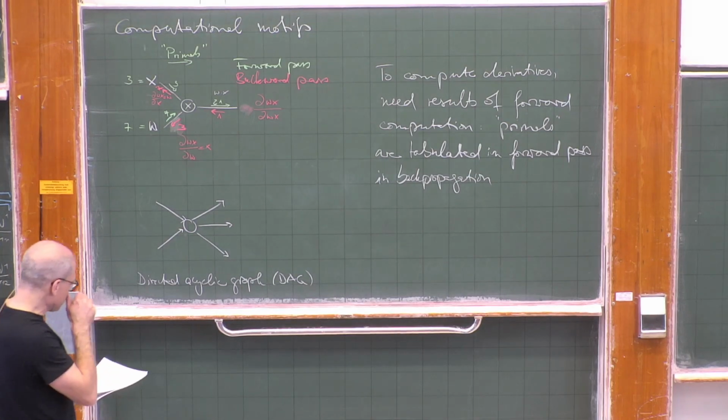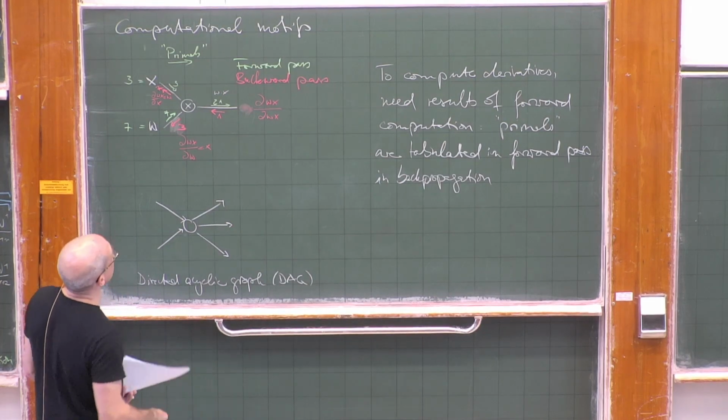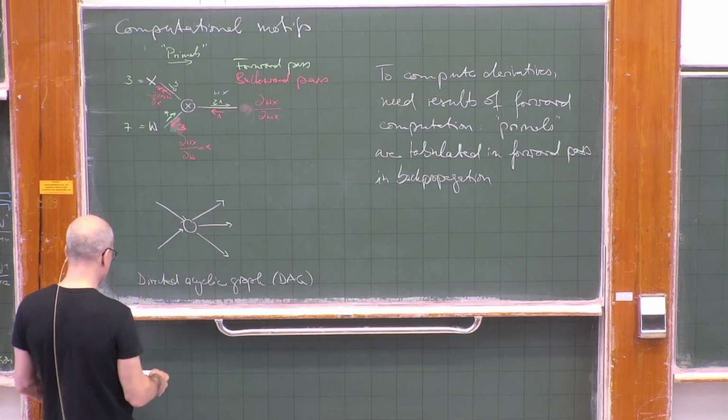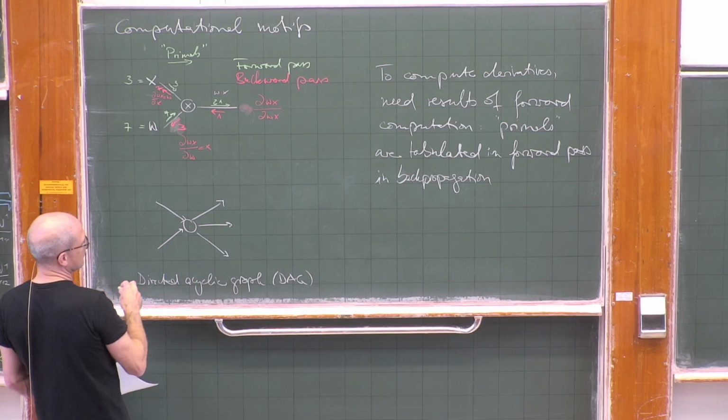In this directed acyclic graph, what each node needs to remember during the forward pass are the primals that went in.